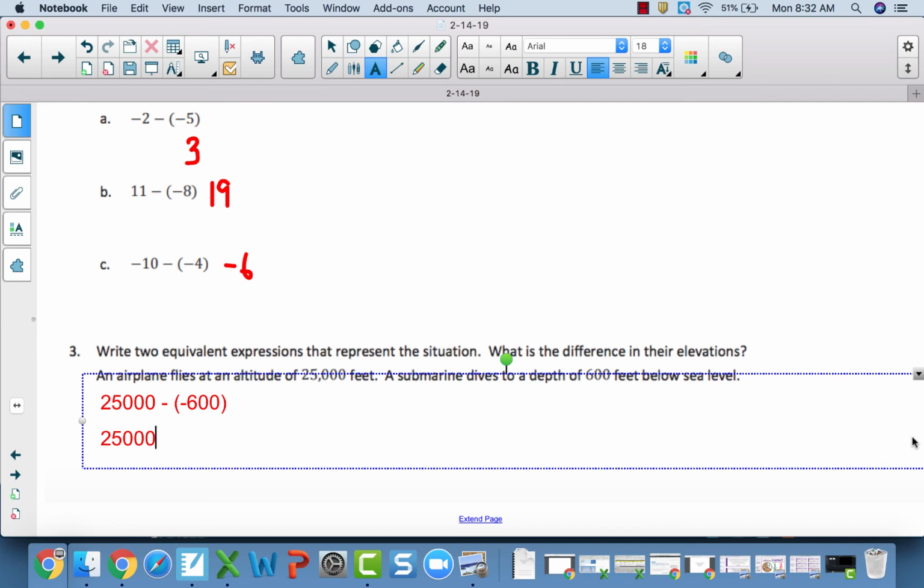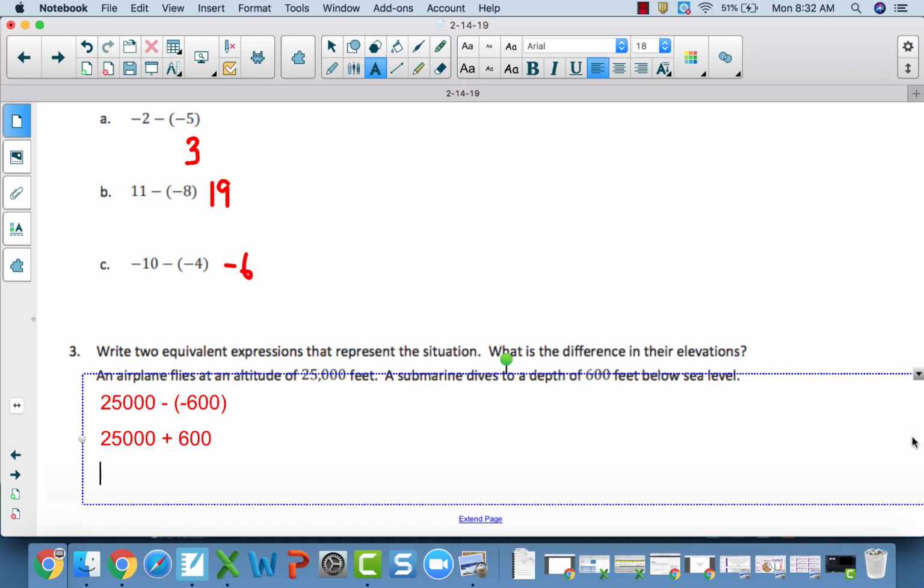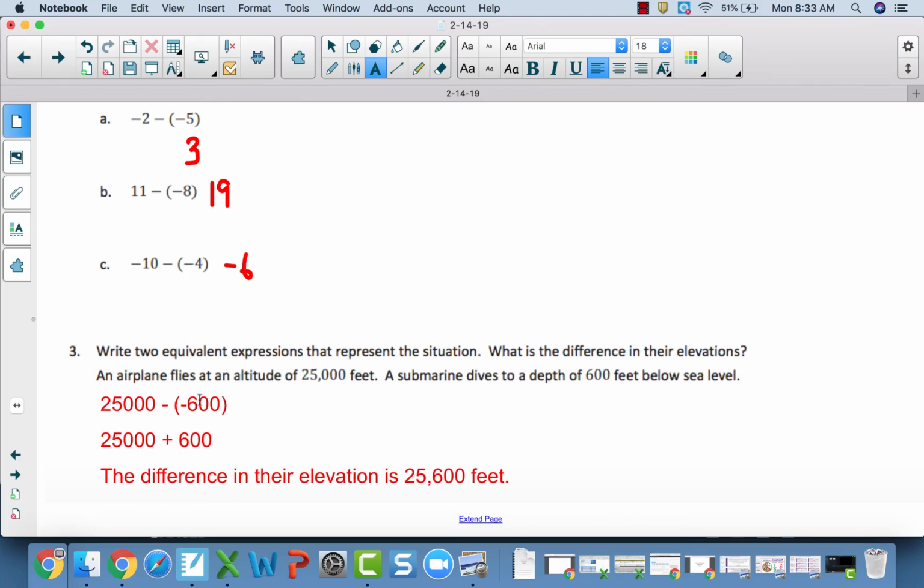Another way to look at this is the 25,000 plus just 600. Because subtracting a negative is the same as just adding. The difference in their elevation is 25,600 feet. Okay? You got two different expressions. Both of these are going to be equivalent to 25,600 feet.